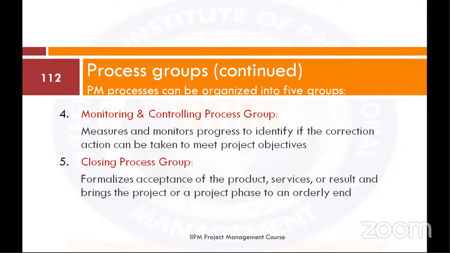Then we have the monitoring and control process group, which measures and monitors progress to identify if corrective action can be taken to meet project objectives. And then we have the closing process group, which formalizes acceptance of product, services, or results and brings the project or project phase to an orderly end.